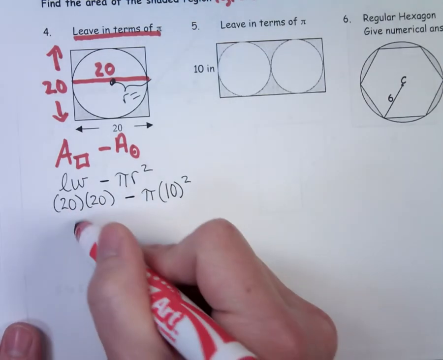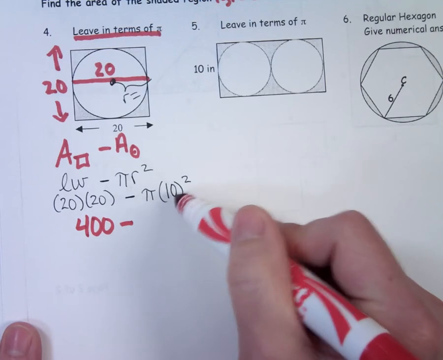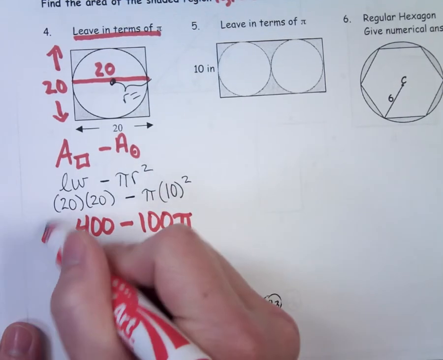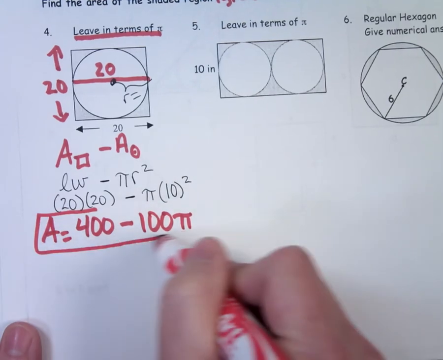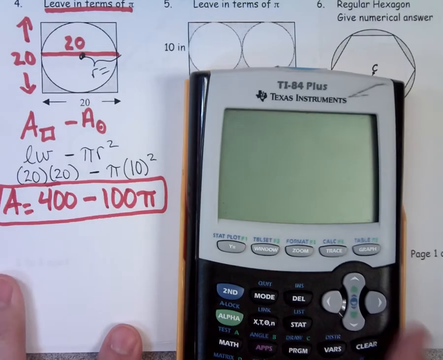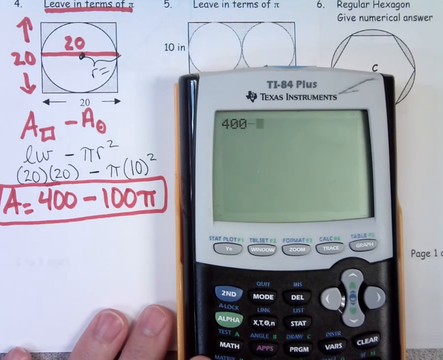Okay, so let's work it out. So 20 times 20 makes 400, minus 10 squared is 100, so 100 pi. And that is our answer in terms of pi for the shaded region. Now, if I wanted a decimal approximation, then in the calculator, I could type in 400 minus 100 pi.